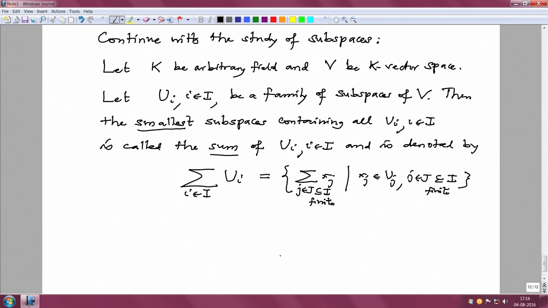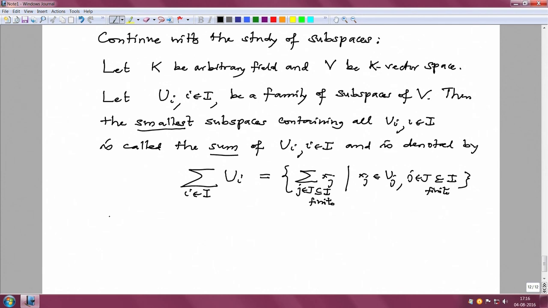So how does one check the equality? It is very simple. If we could check that the right hand side is a subspace, and if we also could check that it contains all the U_i's, then by definition it has to be equal to the left hand side, because the left hand side is by definition the smallest subspace.